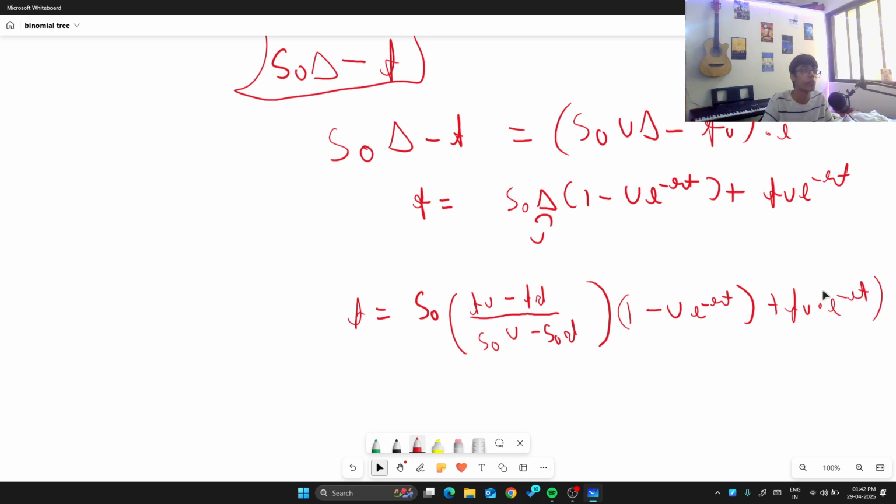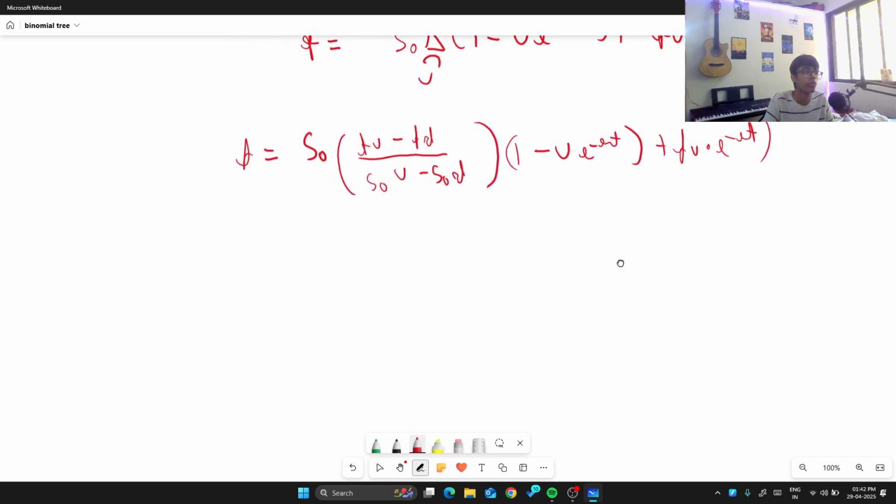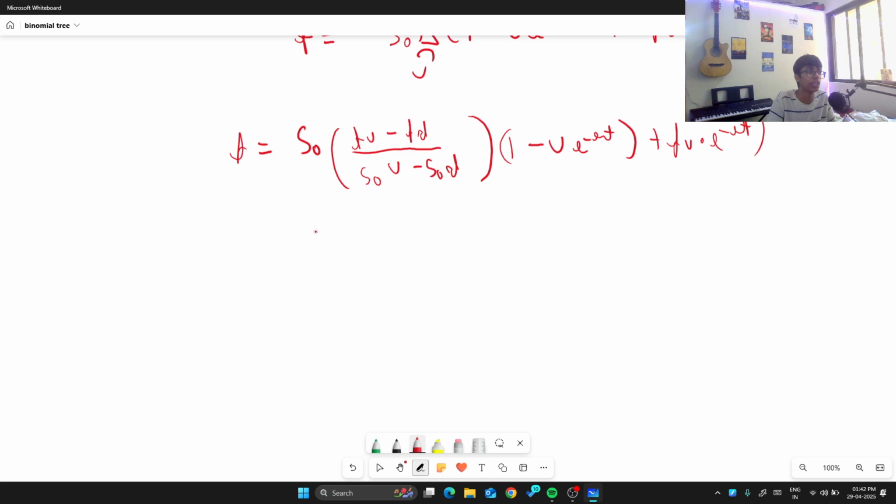Okay, that's simple, and after more solving we arrive at this formula: f_u (1 minus d e to the minus rT) upon (u minus d).